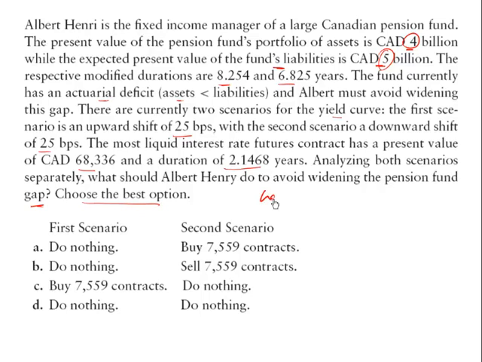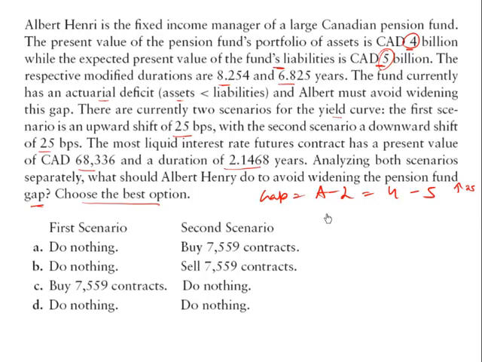So the gap is defined as assets minus liabilities. This gap should not widen. Currently, assets are 4 and liabilities are 5, so there's a $1 billion gap. Let's assume first that interest rates go up by 25 basis points.